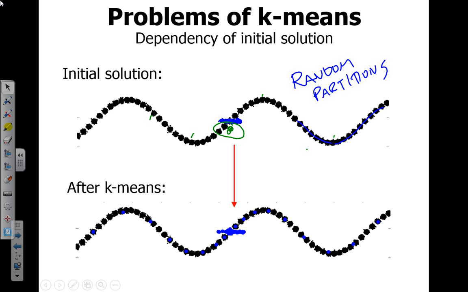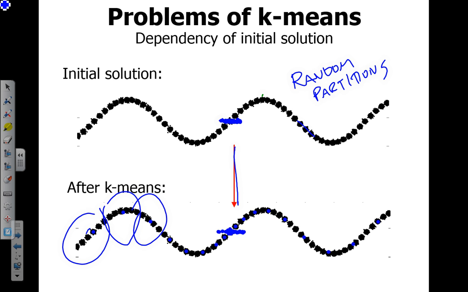Now, it shouldn't matter so much for k-means, but what you can see after we start to apply k-means here is that certain centroids have managed to move, and they have conquered some clusters here.